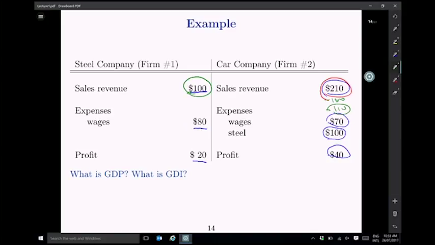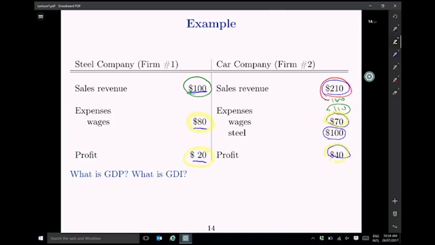So look at who owns the income in this economy. $80 goes to workers in the steel company. $20 goes to the firm owner of the steel company. And $70 goes to workers in the car company. The rest, $40, goes to the firm owner of the car company. So these are the income owners, those who earn income in this economy.